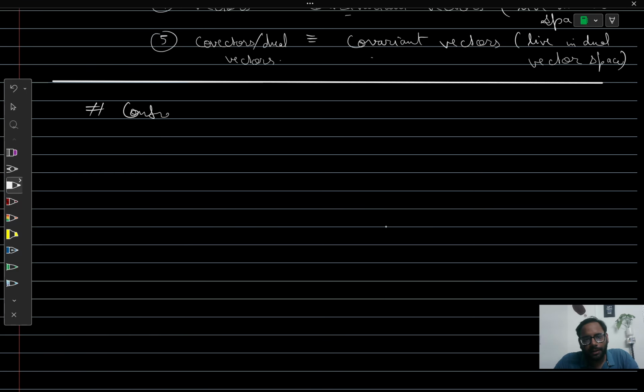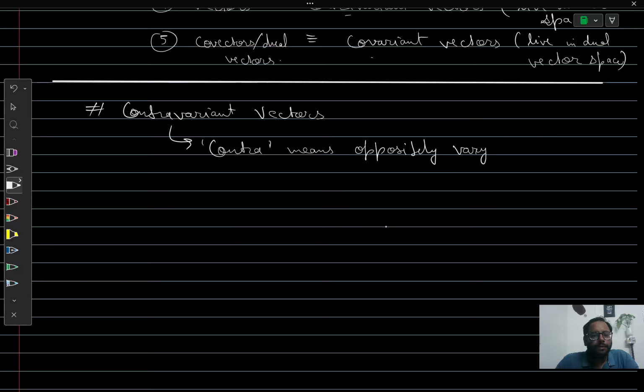Suppose we take the contravariant vector. Contra means opposite, and variant means vary, so contravariant means oppositely varying.